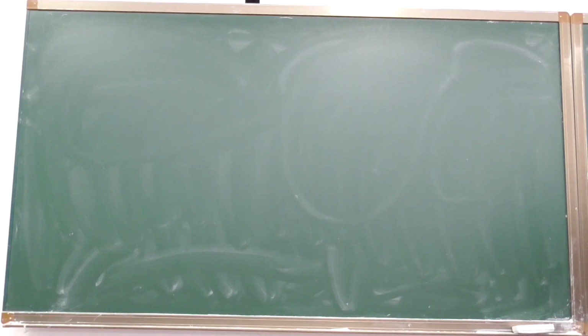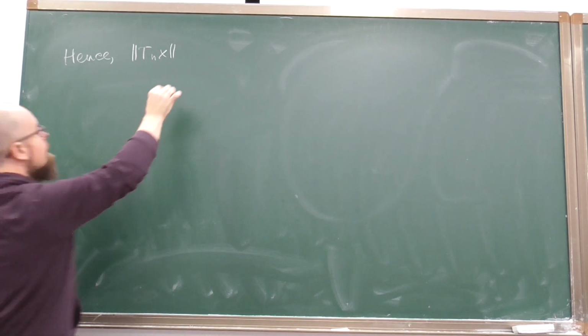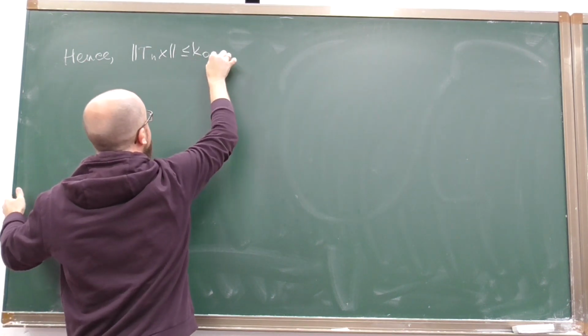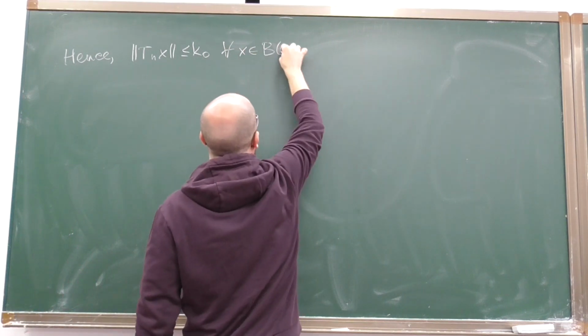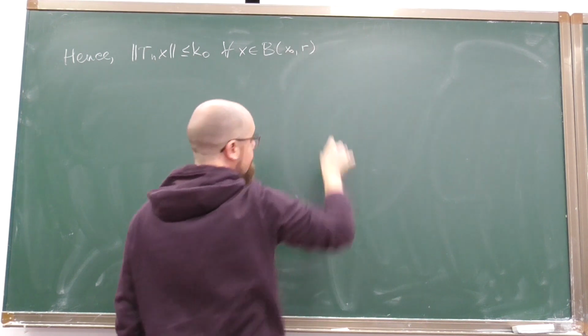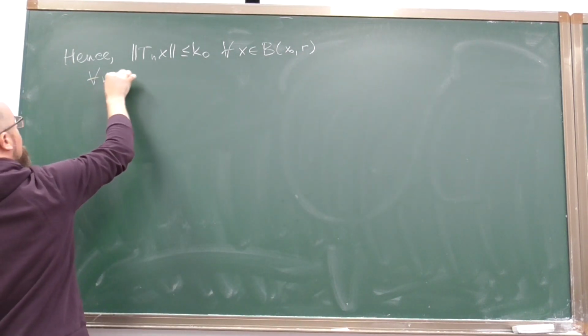In particular, this means that this pointwise boundedness holds for any x from this ball, with constant k0: the norm of T_n x is less than or equal to k0 for any x from the ball, and for any n.